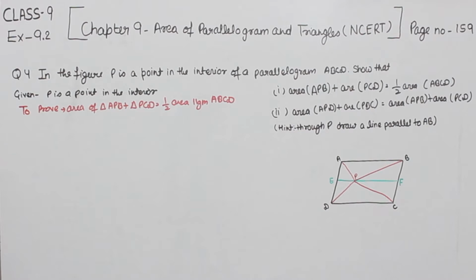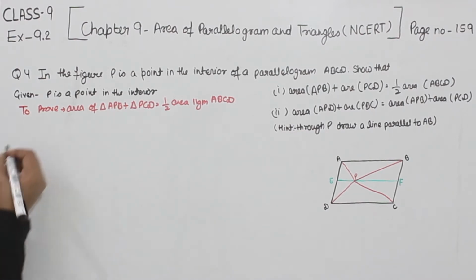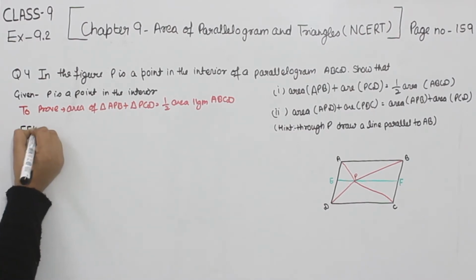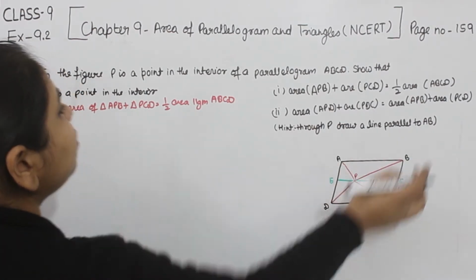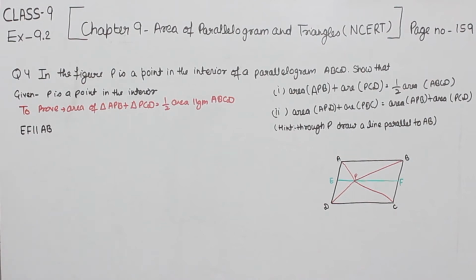Now we are going to write here. As we know, EF is parallel to AB. We have drawn it parallel.